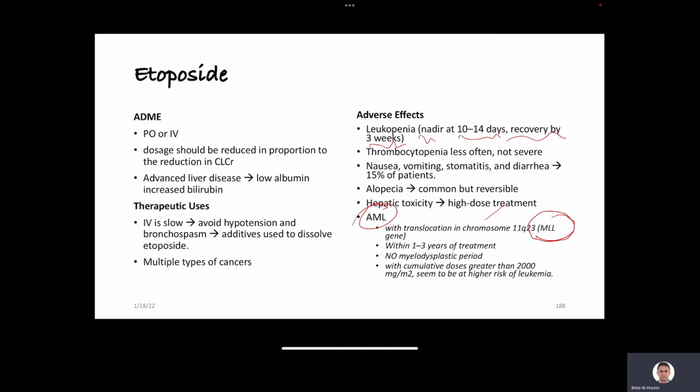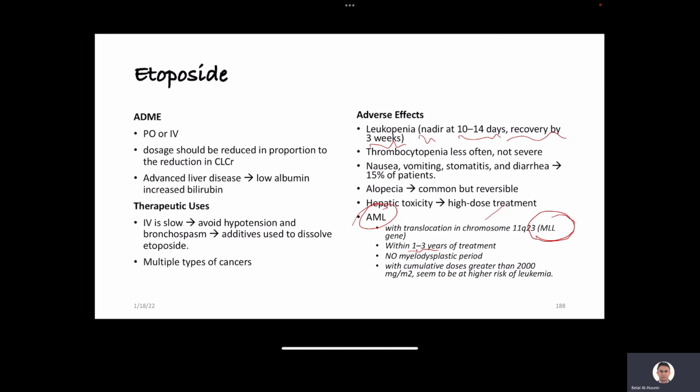Leukemia would appear earlier compared to alkylating agent induced AML or secondary malignancies. So etoposide or epipodophyllotoxins appear within 1 to 3 years, while those secondary to alkylating agents would appear later on, like after 5 to 7 years.